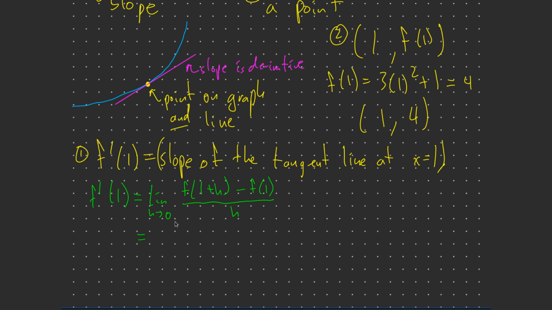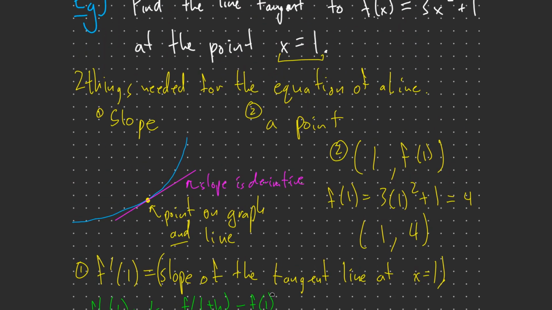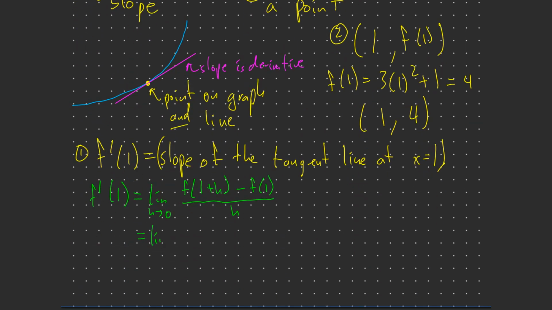So let's go ahead and start evaluating this. So f of 1 plus h, remember what our formula was up here. So this is the limit as h goes to 0. Again, this limit is just going to hang out for a bit. We get 3 times (1 plus h) squared plus 1 minus (3 times 1 squared plus 1). Okay?